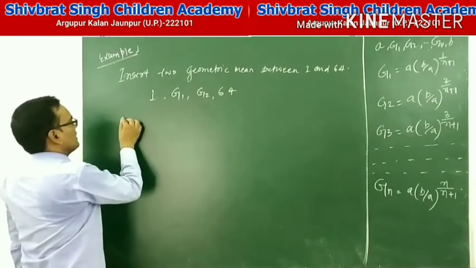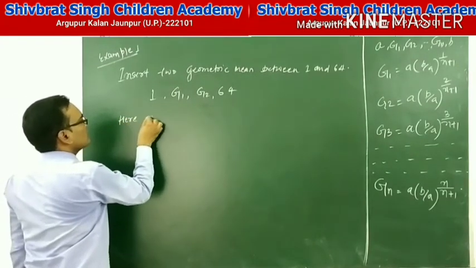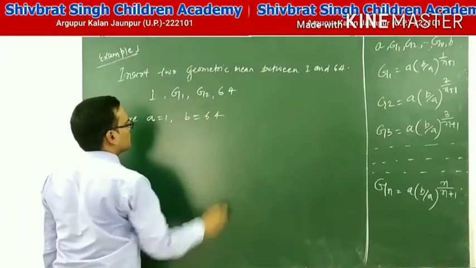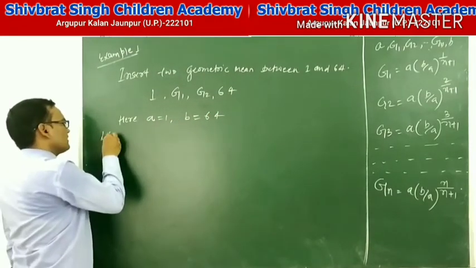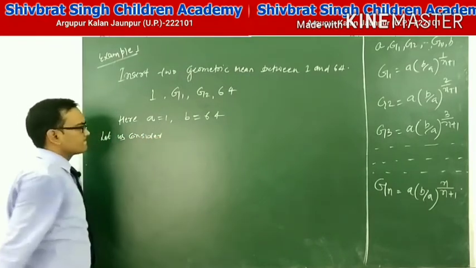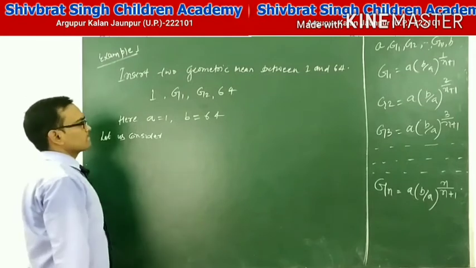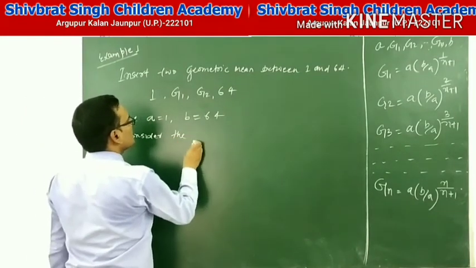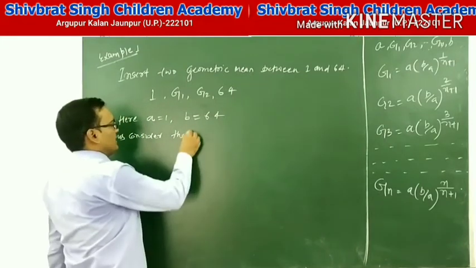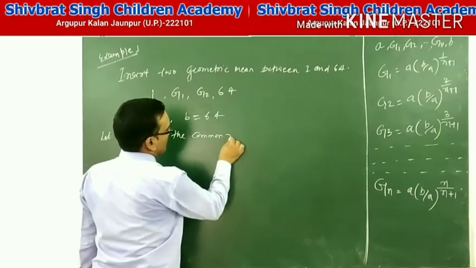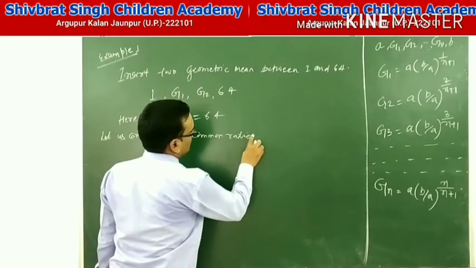Now here a equal to 1 and b equal to 64. Let us consider the common ratio r.